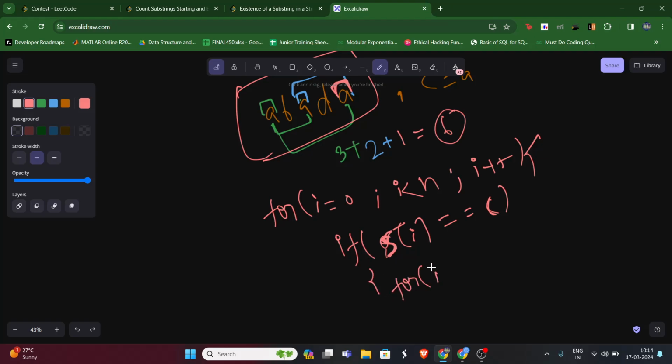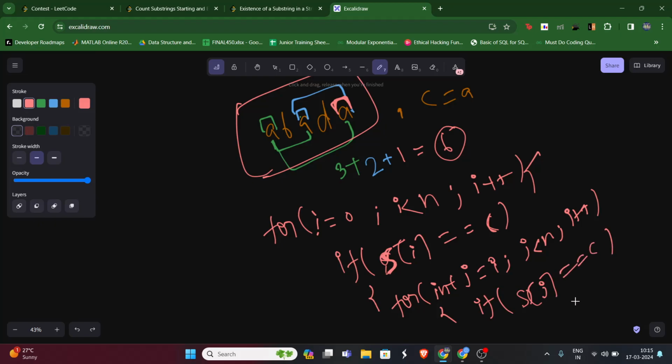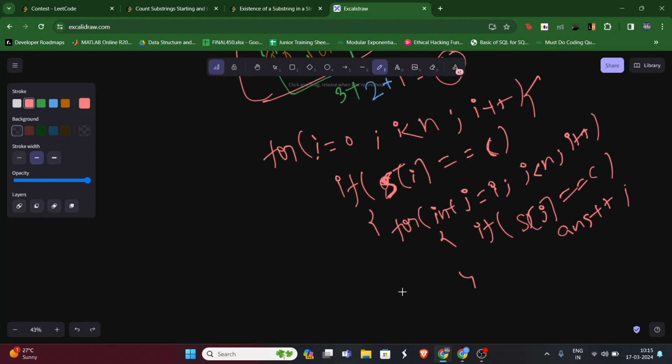We want the substring to end at the same character C, and we know we have to start from that particular i, so we can start from int j equals i and j less than n, j plus plus. If S of j is also equal to C, we can increment our answer by 1. In this way we can find the total number of substrings.